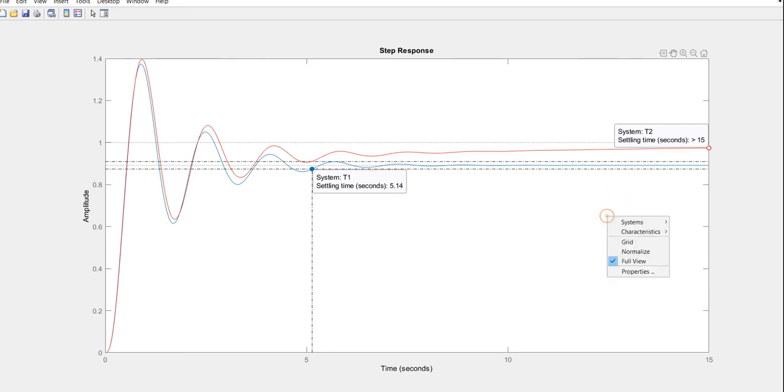For that system, the steady state error will not be 0. And you can see that over here. You see that the final value is 0.892, so the steady state error is equal to 0.108.